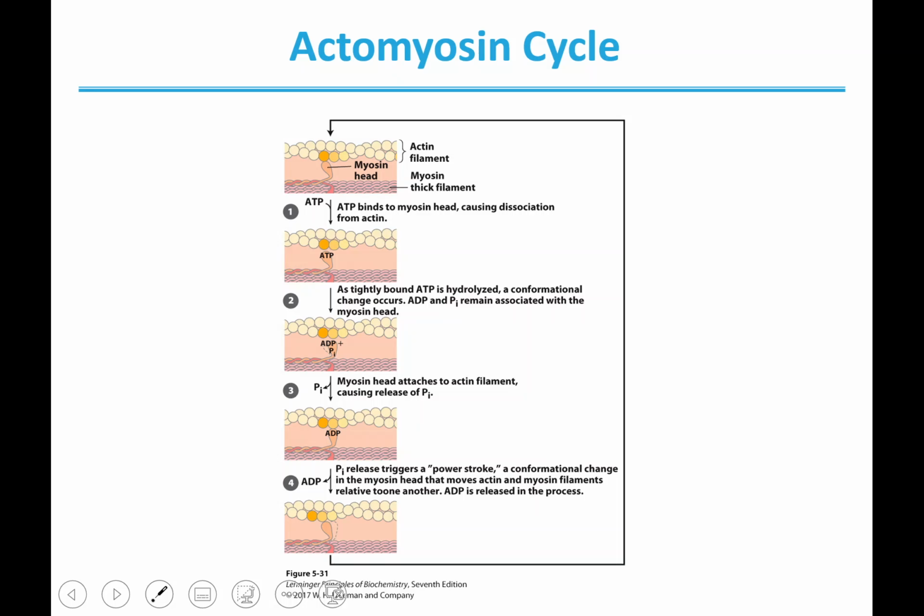Okay, it's a phosphate group that's not attached to an organic molecule. So we have ADP and inorganic phosphate associated with that myosin head, and it's dissociated from actin, not bound to actin like in this form.